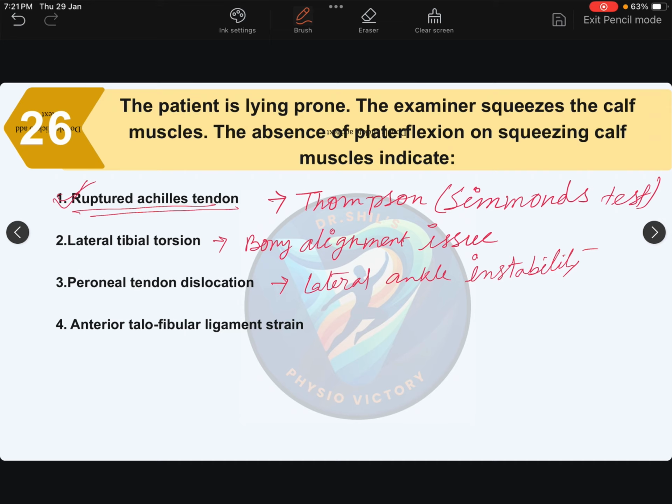ATFL ligament affects ankle stability. Plantar flexion remains intact.